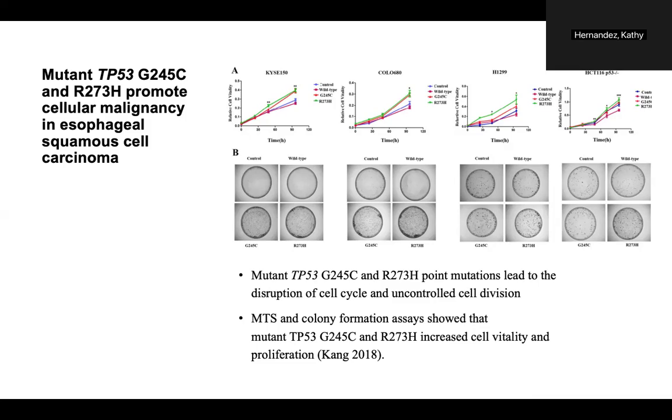So the mutant TP53 G245C and R273H point mutations led to the disruption of the cell cycle and uncontrolled cell division. MTS and colony formation assays showed that mutant TP53 G245C and R273H increased cell vitality and proliferation.